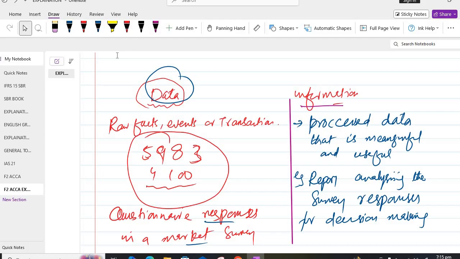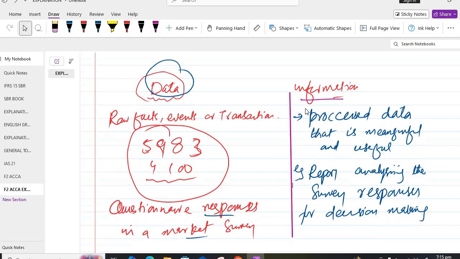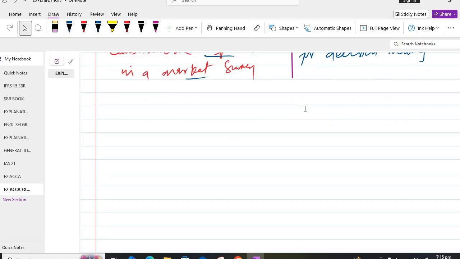Now, what are the qualities of good information? Let's say there is some information which may be good, or may not be good because there is some qualitative deficiency. So what are the qualities that are required for good information?